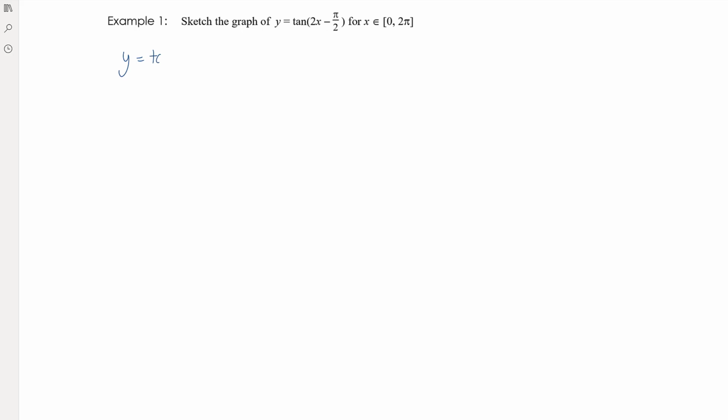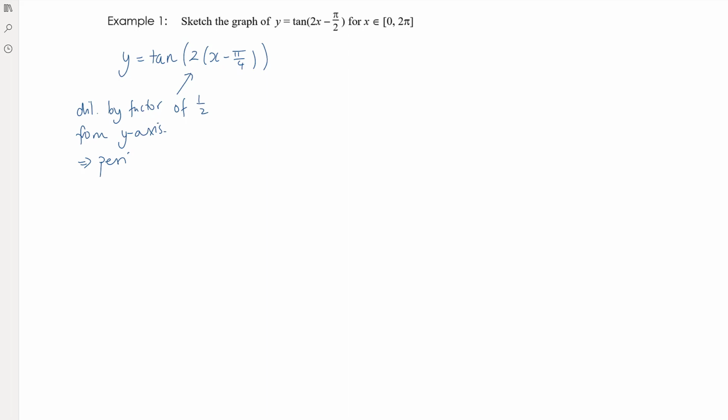So this is y equals tan of, if we're factoring the 2 out in the bracket, we get x minus pi on 4. The 2 here is a dilation by a factor of 1/2 from the y-axis. So all the x values are being halved, so that means the period's going to change.